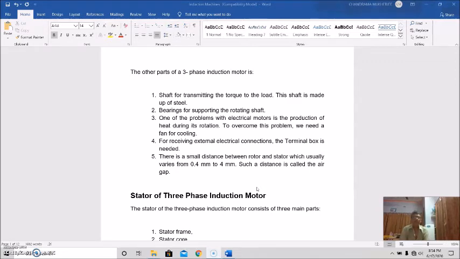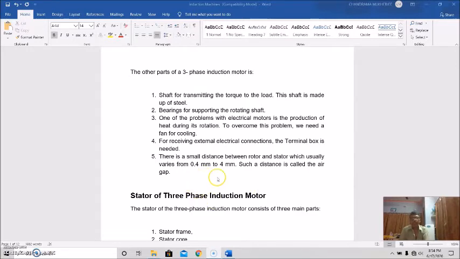One of the problems with an electrical motor is the production of heat during operation, so to overcome this we need a fan for cooling, which is connected on the rotor shaft. For receiving external electrical connection, of course, the terminal box must be there. And there is a small distance between the rotor and stator, which usually varies from 0.4 millimeter to 4 millimeter, and this is known as the air gap.